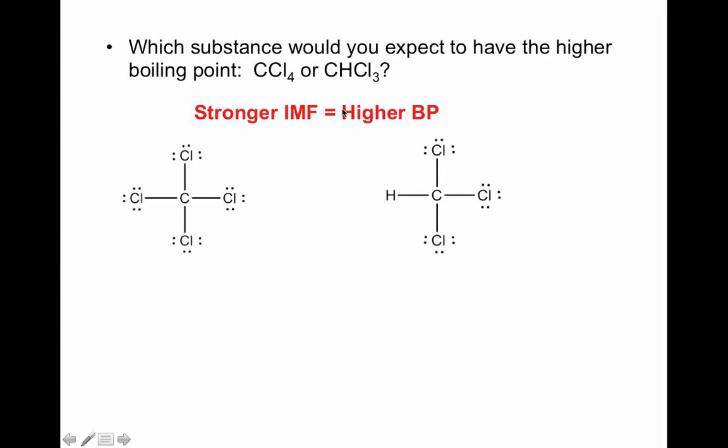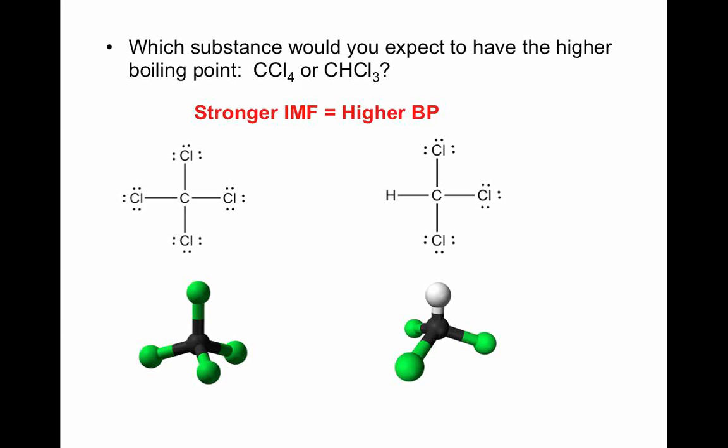So here are the Lewis structures of the two compounds. Both of them are tetrahedral around the central carbon atom, and both of them have polar bonds. The carbon-chlorine bonds are going to be polar, and of course, I'd give you an electronegativity table in order to determine that. When I consider the shapes of the two molecules, in CCl4, because all of the atoms in the tetrahedral positions are chlorines, their pull on the electrons is going to cancel out.